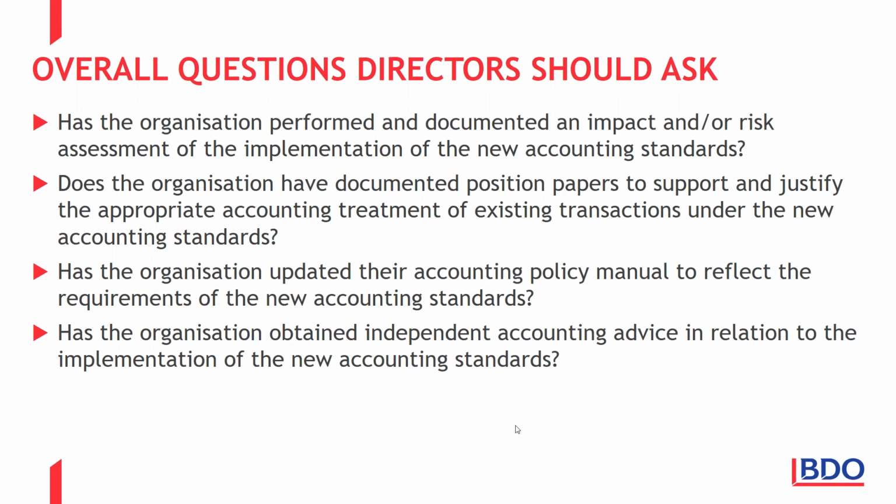Make sure you understand the policy choices that are available to you and the judgments that are required before you actually apply them, so that you have, as a governance decision, made these decisions as an organization in the best interest of your organization, and that they are then embedded and locked into your policy manuals and your position papers going forward.